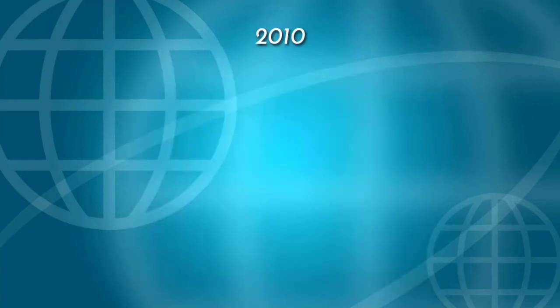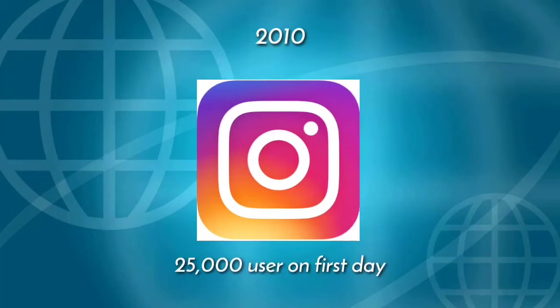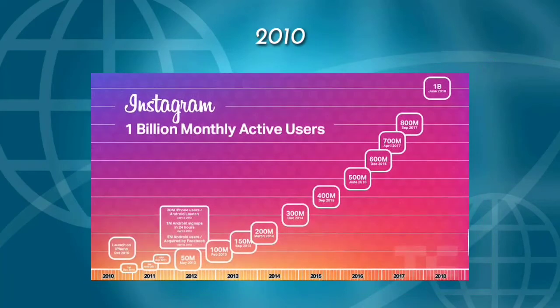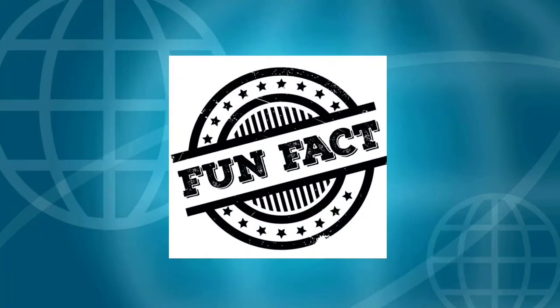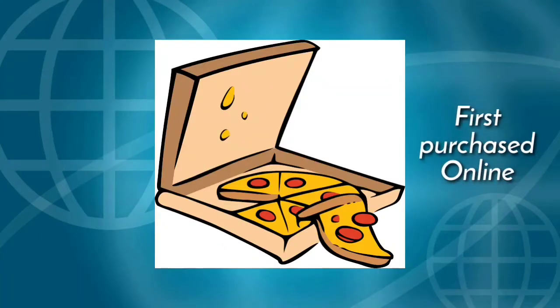Another one launched in 2010 was Instagram, and it reached 25,000 users on its first day, and increased to 1 million by December. And up until today, many of us are using Instagram. And fun fact, pizza was the first ever food that was purchased online.